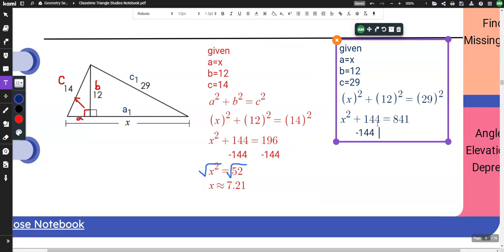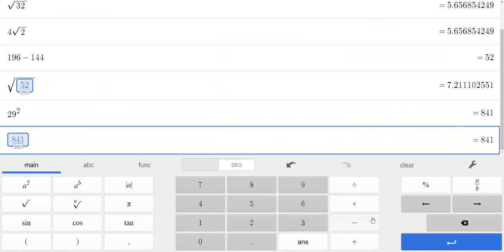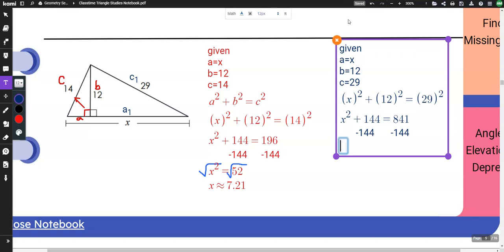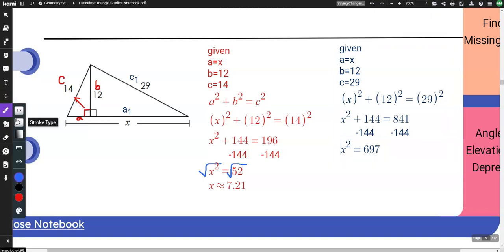Minus 144. Again, I'm going to do that in here. And we get 697. And then we're going to take the square root of 697.